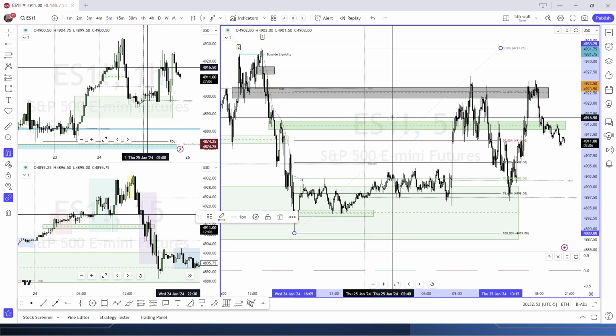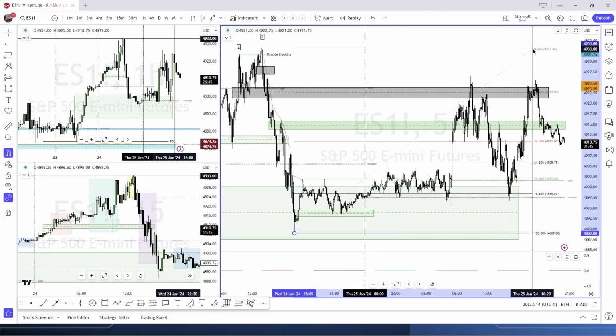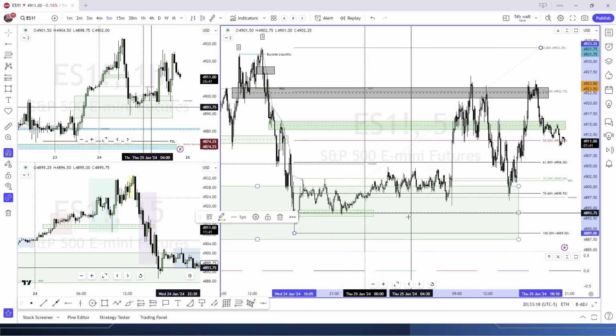If you're looking to go long, looking for price to go up, you want to get in when price is oversold, right? And you want to get out once price becomes overbought. In this case, we can determine that just based off of the range, right? So we are in the previous day's range, highlighted here.